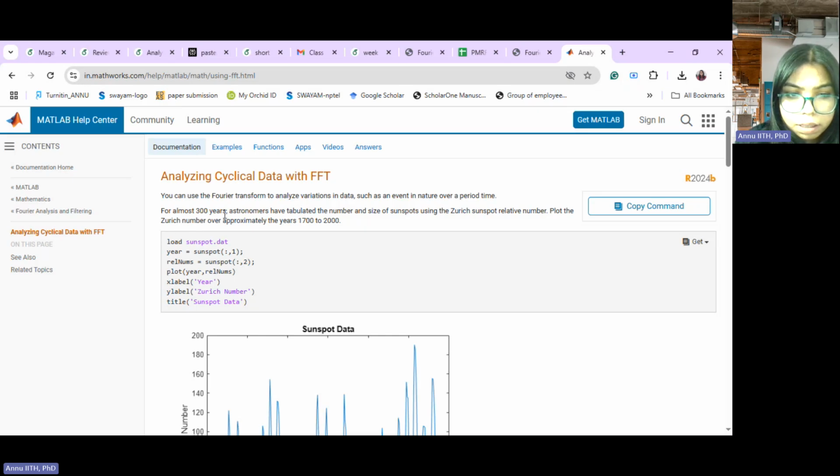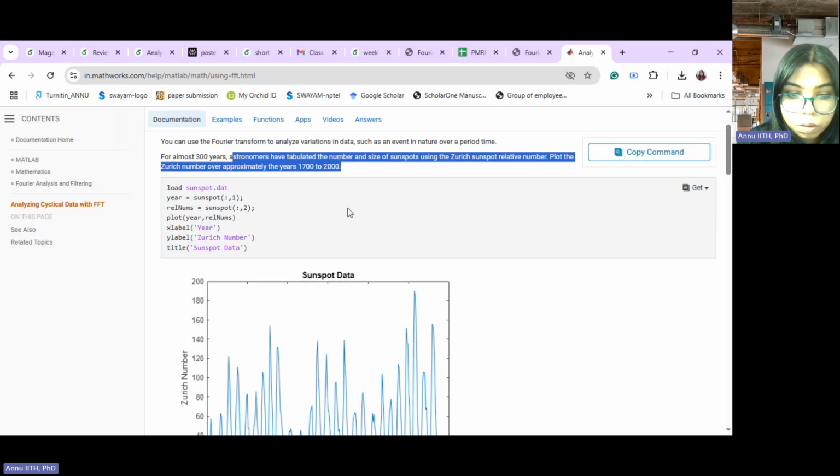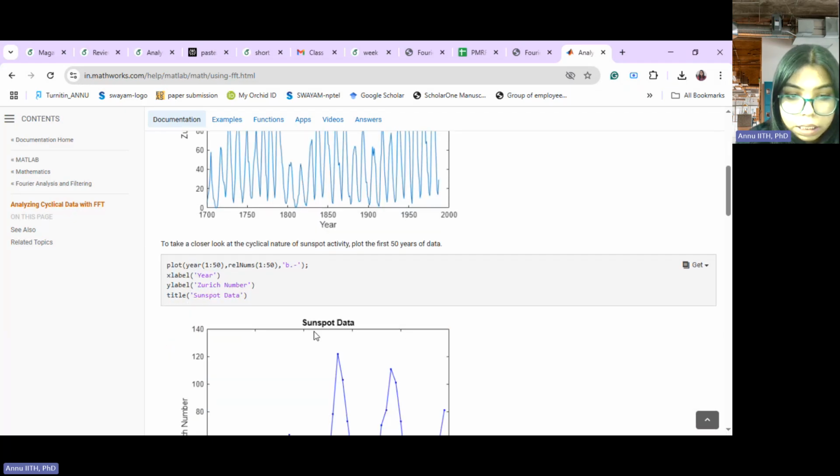For almost 300 years, astronomers have tabulated the number and size of sunspots using the Zurich sunspot relative number. Plot the Zurich number over approximately the years 1700 to 2000, and take a closer look at the cyclic nature of sunspots.